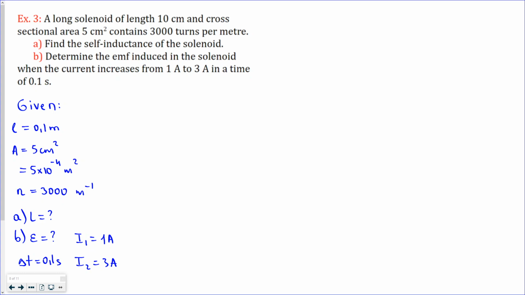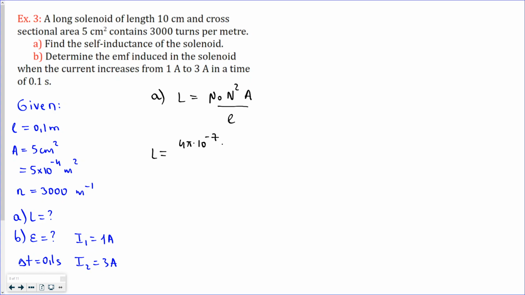Now let's find the self-inductance and the induced EMF. In A part we are going to use this equation, mu 0 n squared A over L. Let's just do the calculations. This is 4 pi times 10 to the minus 7.